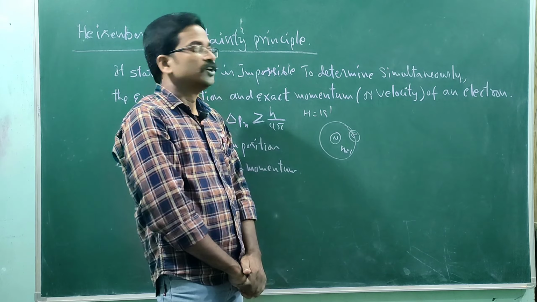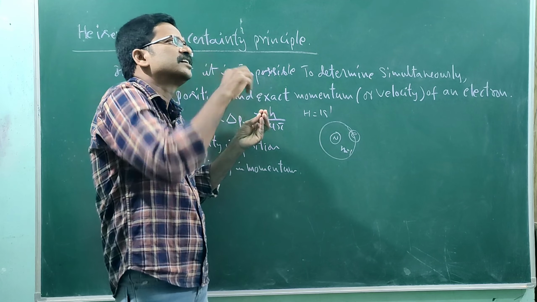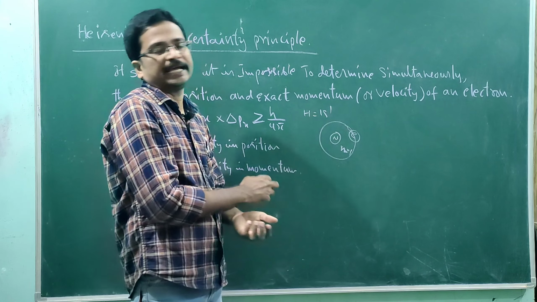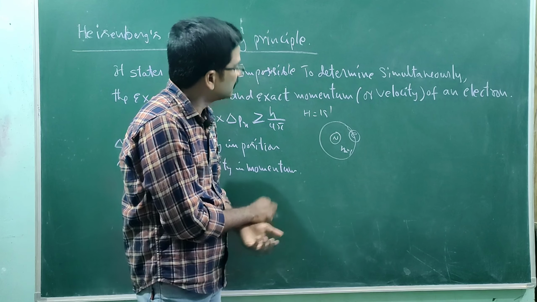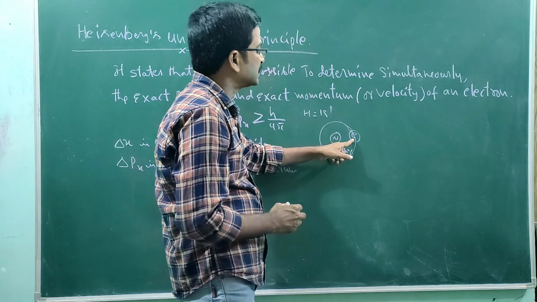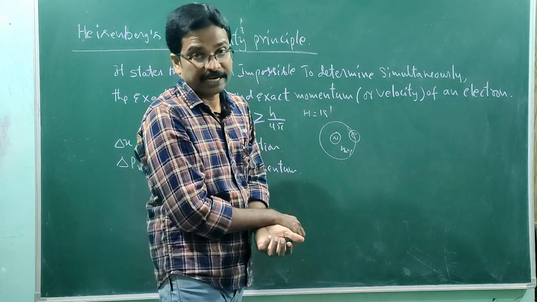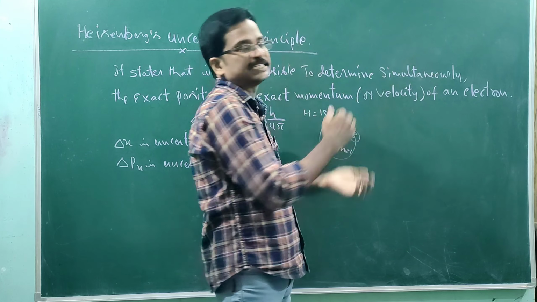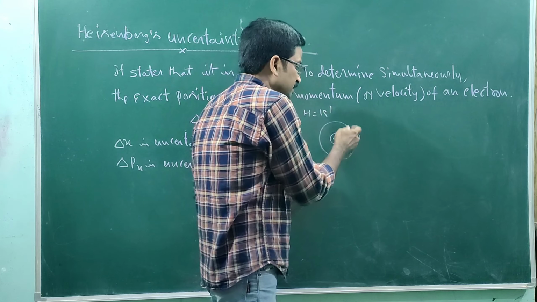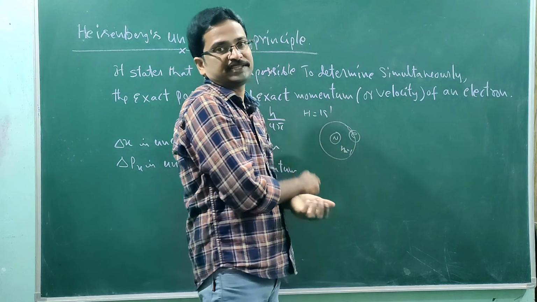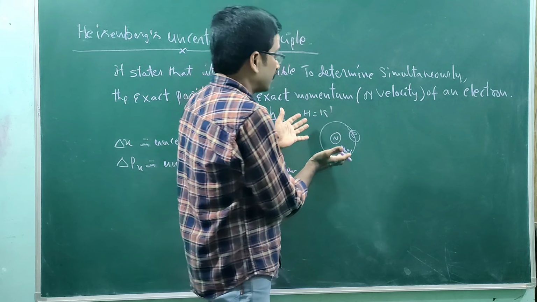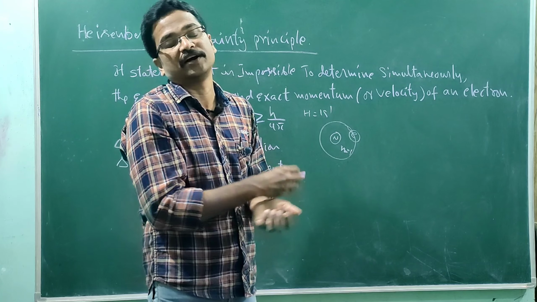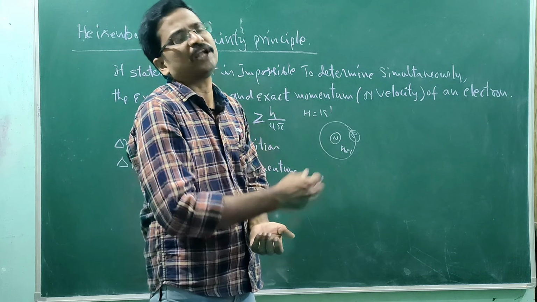Okay, if you use such a low lambda value to see the electron, its momentum or velocity changes drastically. If you want to see it, you should use high energy light, because you cannot see the electron in an atom by using light of small energy.